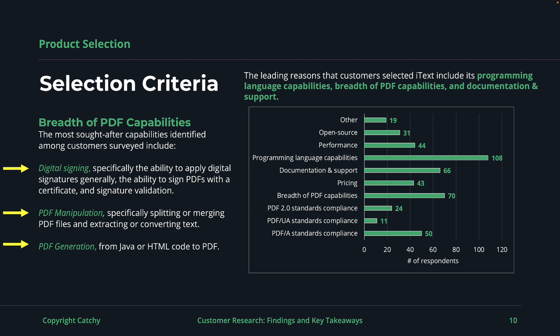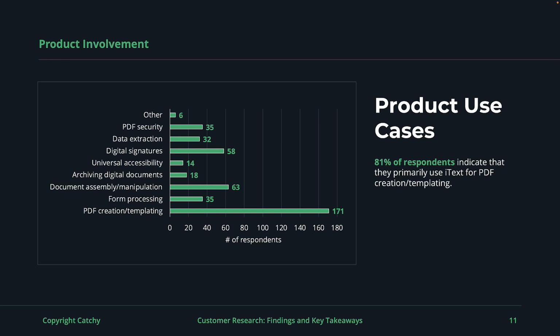These are the most sought after identified by customers. And these are the 3 themes, if you will, that drive this iText 8 release. Another result from this survey, 81% of respondents indicated that they primarily use iText for PDF creation and templating.